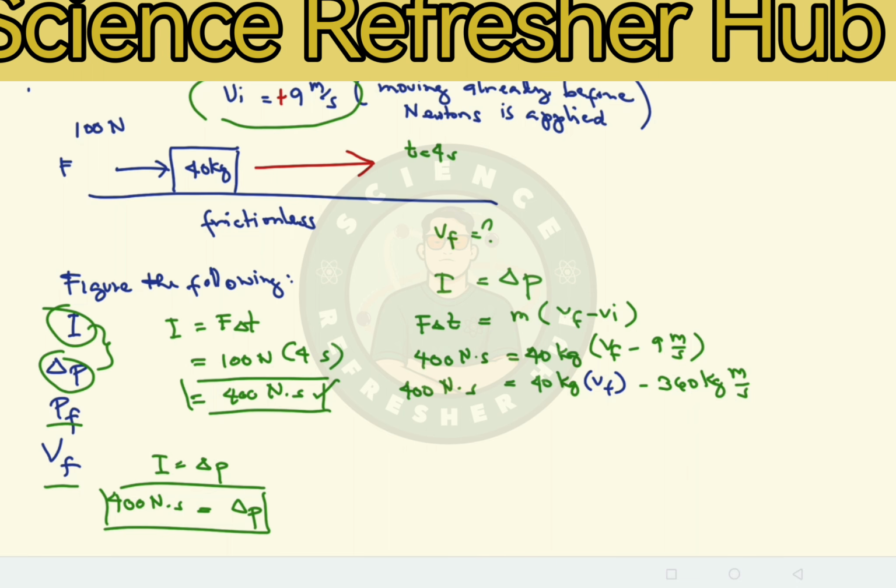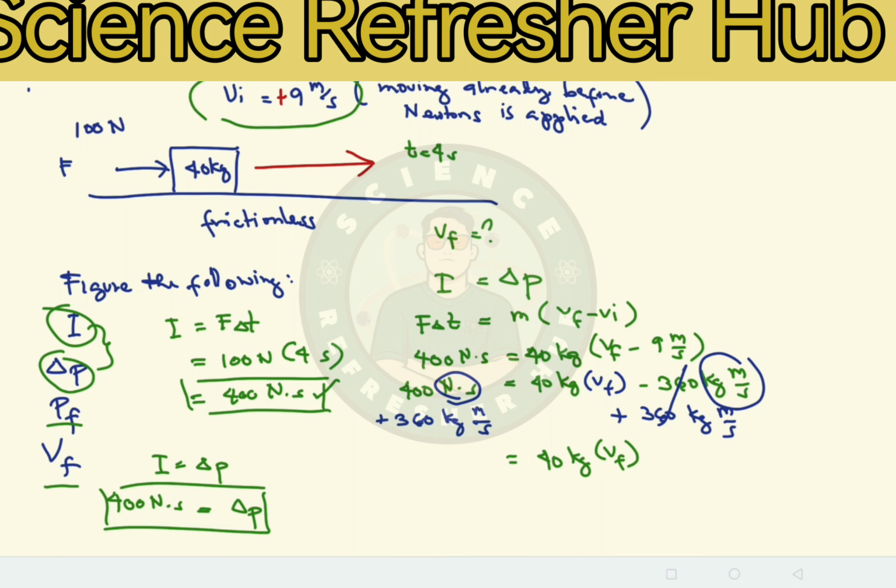And 400, sorry, newton seconds. Again, these two units are definitely the same, so we can combine these terms, or we can add 360 kilogram meters per second to both sides. So those cancel.